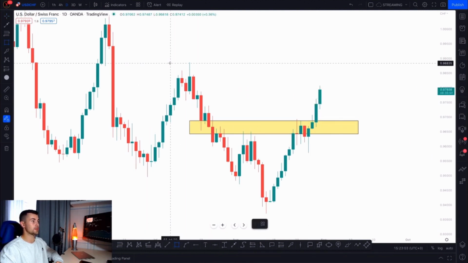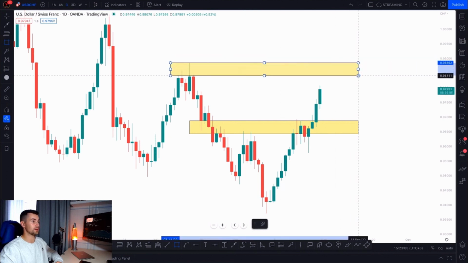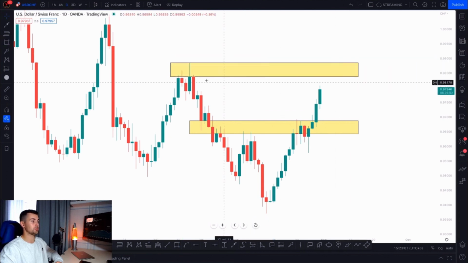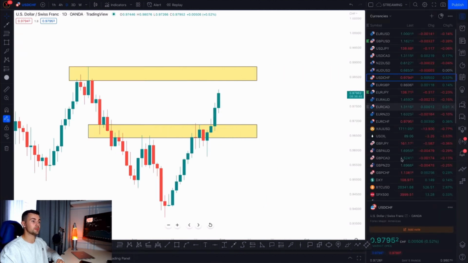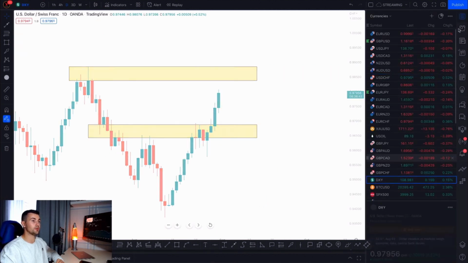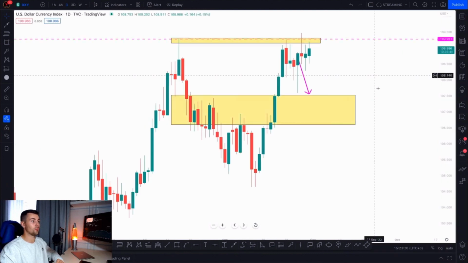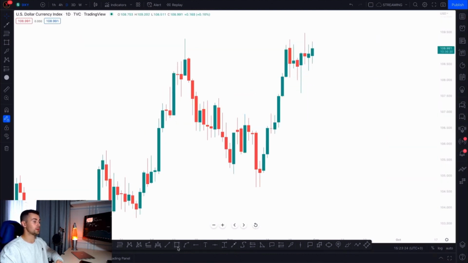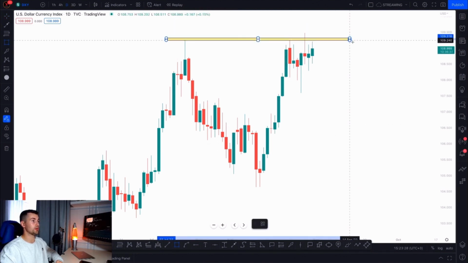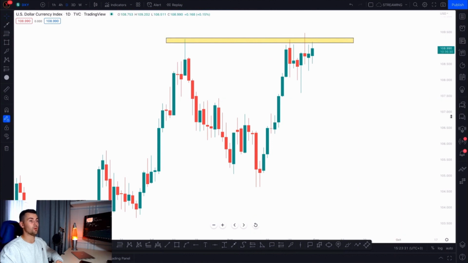I guess the next goal for buyers right now is that resistance, so be prepared for further bullish continuation here in dollar Swiss. So you can see that the strength of the dollar pushes all majors. Yes, opening a dollar index, you can see that we are coiling right now around very important highs.